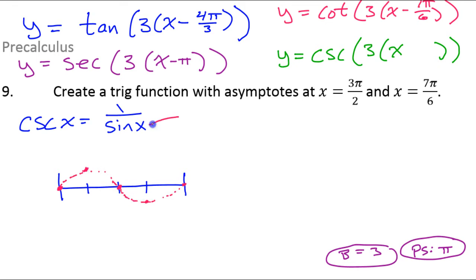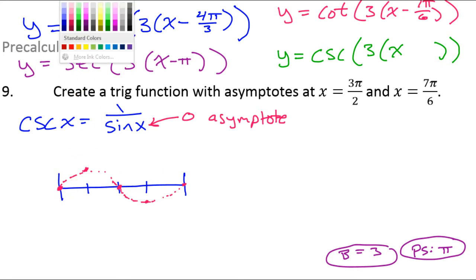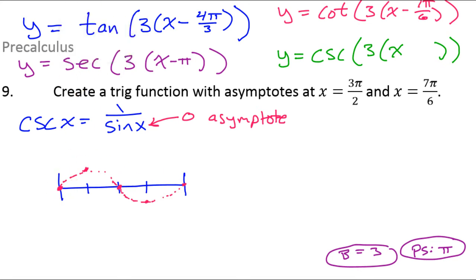Now, everywhere the sine function is 0, that's going to give us an asymptote. So start off by imagining that the midline is the x-axis, because that will let you know that the asymptotes should be here, because if this is the x-axis, then this is 0.